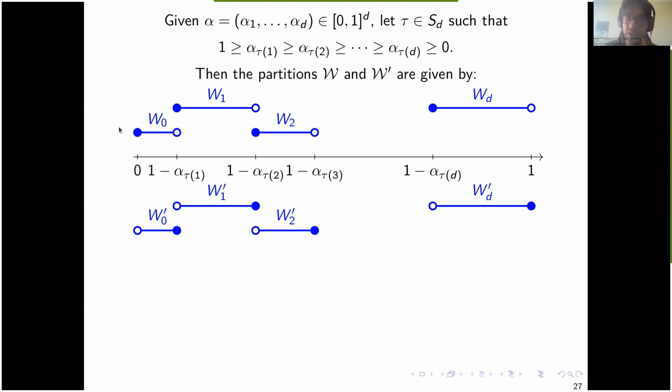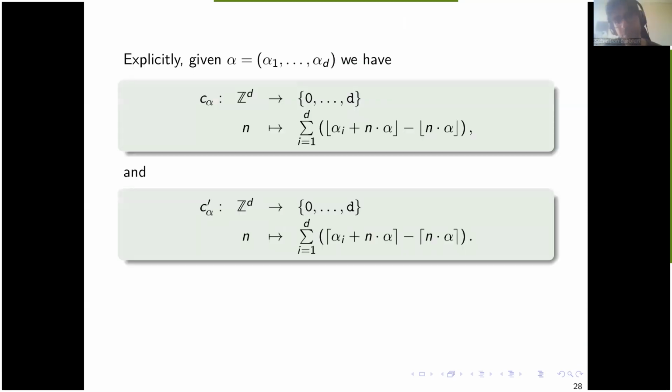And in the first one, the one that's on the top, I take intervals which are closed on the left, open on the right, and below I do the opposite. So this can be, of course, expressed just with formulas. If I take this vector alpha 1 up to alpha d, C alpha is just going to be what's written there. C prime alpha is just going to be what's written there. So essentially, I grab the usual one-dimensional Sturmian configurations and I add them on every dimension. I just add all of them.